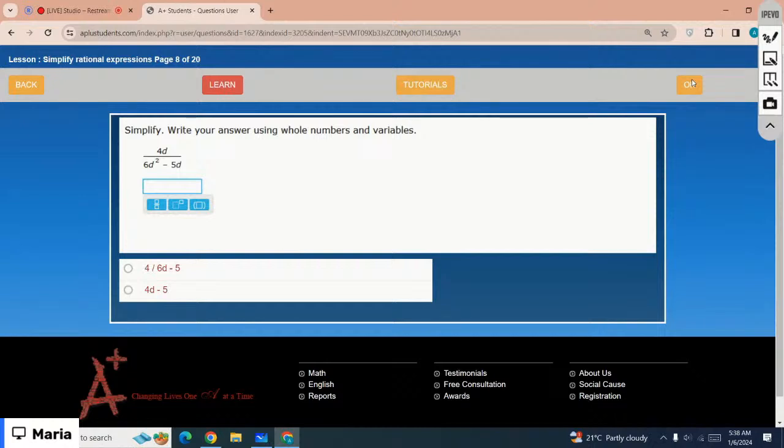The correct option is option number 1, that is 4 divided by 6d minus 5, because you can just take d common, right? And the correct option is option number 1.